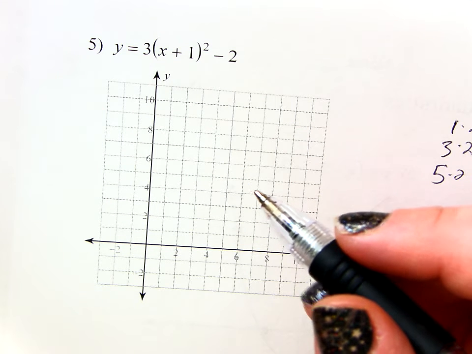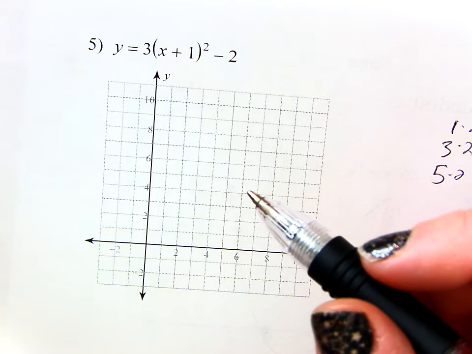Do you have a beautiful graph? Where's the vertex?